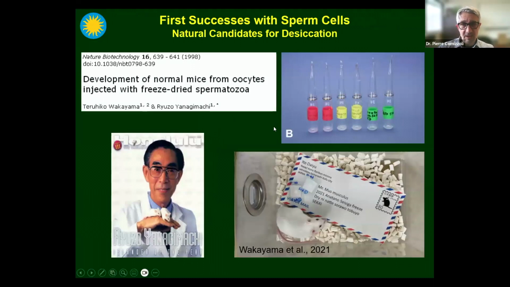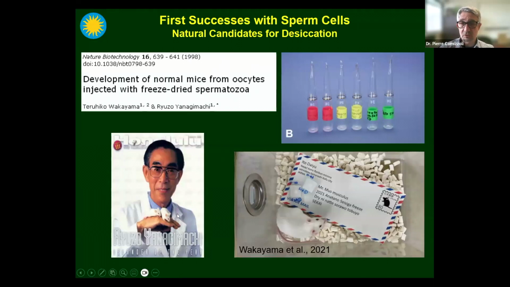You may be familiar with really the first successes with sperm cells, and Dr. Yanagi is really famous for a lot of things, including being able, in his lab, to freeze dry for the first time mouse sperm, to inject them into fresh oocytes, and then to have embryos, to transfer the embryos and to obtain live offspring.